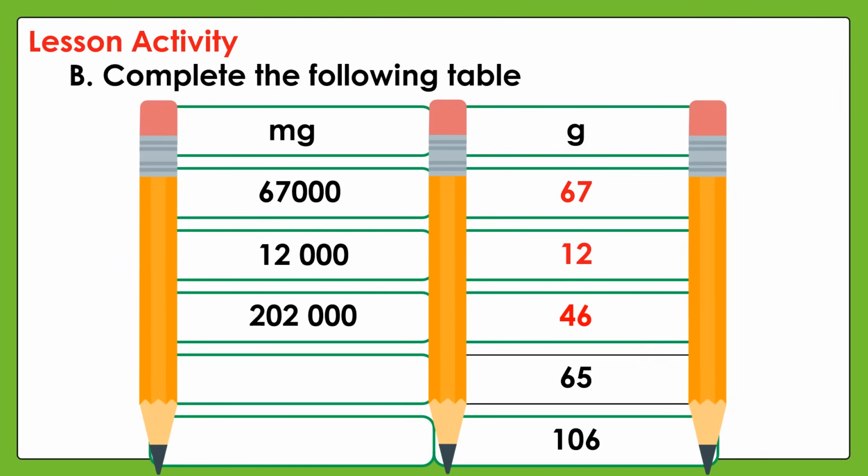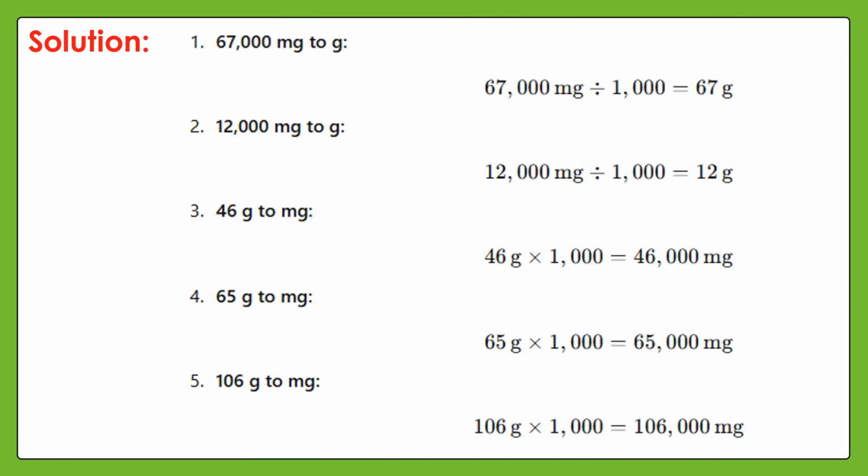Number 4, 65 grams is equal to 65,000 milligrams. And number 5, 106 grams is equal to 106,000 milligrams. You can check the solution here.